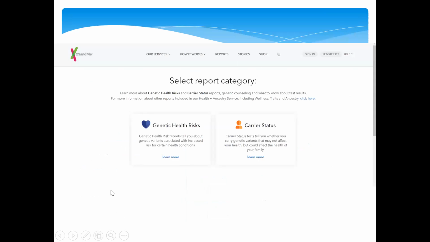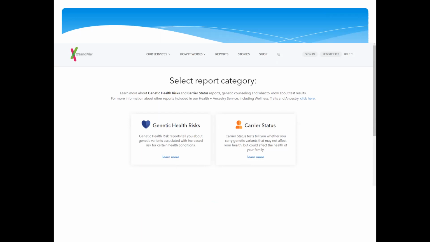23andMe is another one of the consumer-based products. 23andMe came under scrutiny by the FDA because when it first started off, it was giving out massive amounts of genetic information. Everything from you are at risk for these diseases, you already have in process genetic changes associated with these diseases.